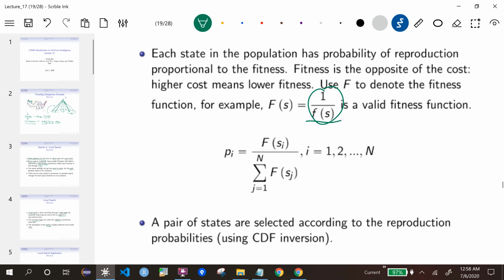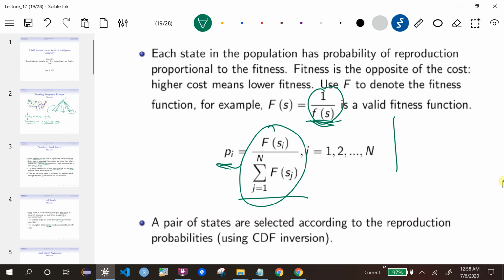It may not be just 1 over that. It can be minus the number too, but in general, some decreasing function. Then we compute the probability of crossover as the fraction of the total fitness. We call this 1 over cost the fitness, and the probability is directly proportional to the fitness.